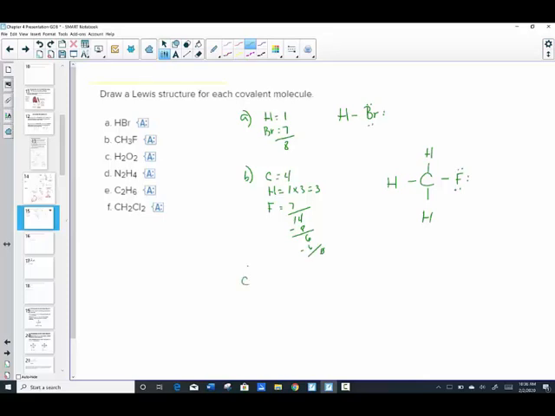Letter C, H2O2. Hydrogen each contributes 1 electron, but there's 2 of them. Oxygen contributes 6 electrons, and there's 2 of them. That gave you 14 dots altogether. Knowing that we cannot place a hydrogen between 2 atoms makes no sense because hydrogen can only have 1 bond.